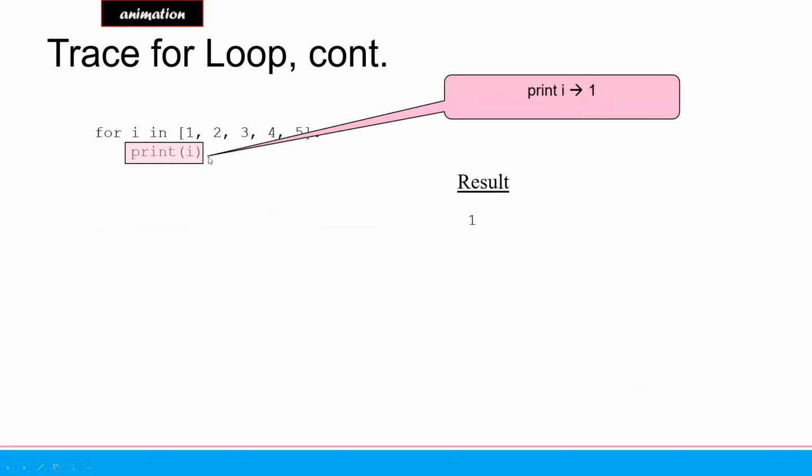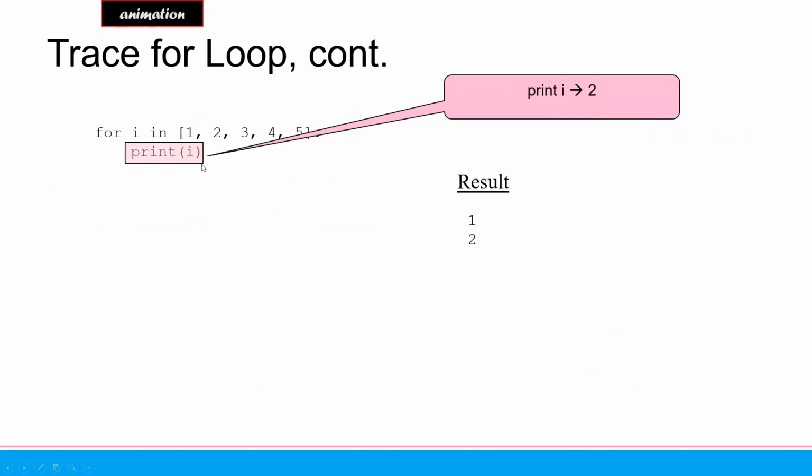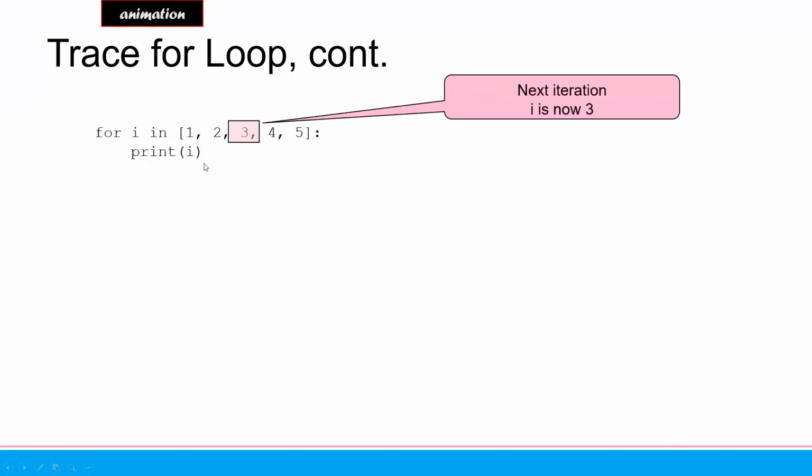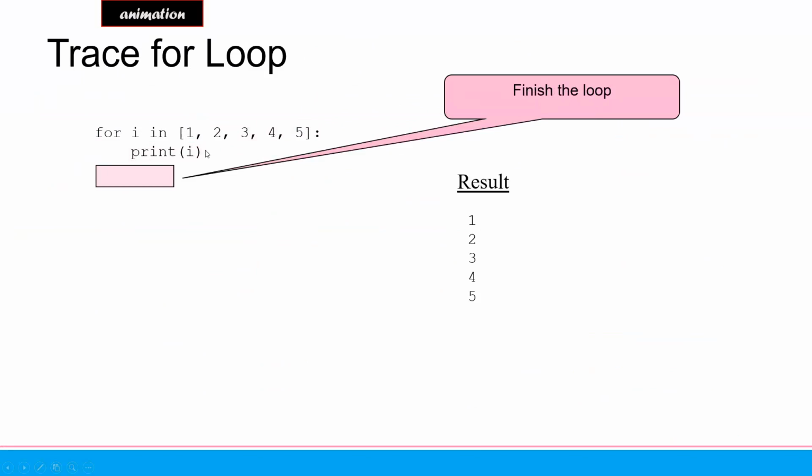After we finish with the first element, it goes to the next element. So now I is 2. After we finish with the second element, we go to the next element, which is 3. After we finish, we go to the next, which is 4, and then the next, which is 5. And after we finish with everything, we finish the loop. So it is a sequence from the beginning until the end.